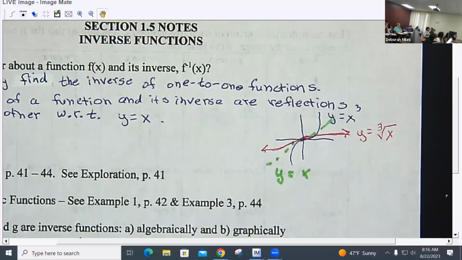Now, when I graph a function and its inverse, making a set of ordered pairs helps me. I make the XY table, and what do you know about the ordered pairs for a function and its inverse? They're reversed.